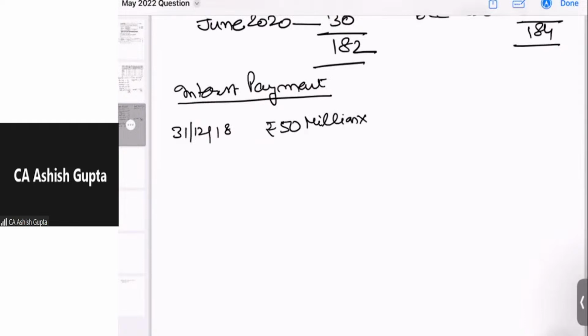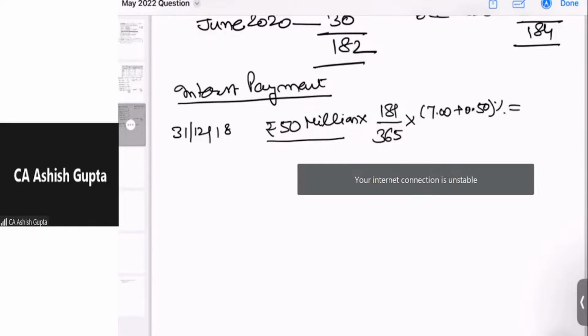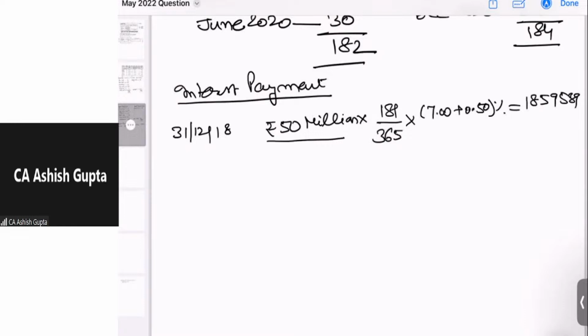Okay, now here the interest at our basis point of 0.50%. The amount comes to 11,859,589. Okay, student.